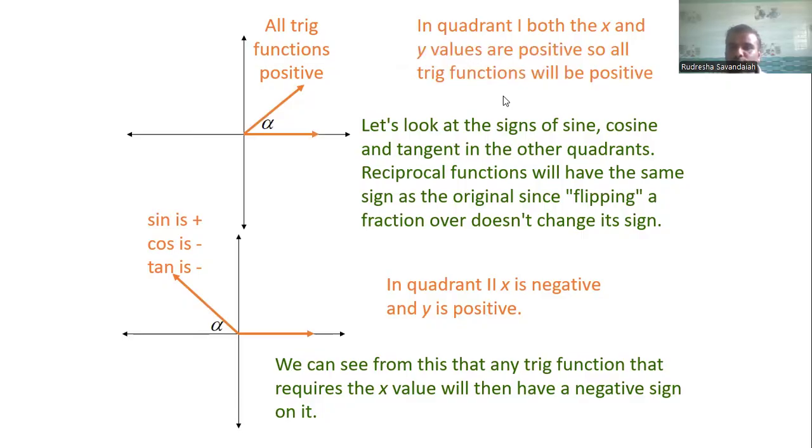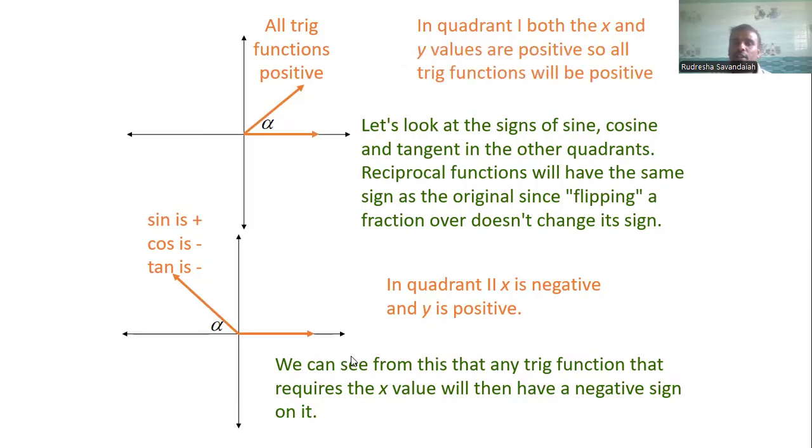Look at the first quadrant: sine, cosine, and tangent. In the other quadrants, a reciprocal function will have the same sign as the original. Since flipping a function over does not change its sign, any trigonometric function that requires the x value will then have a negative sign on it.